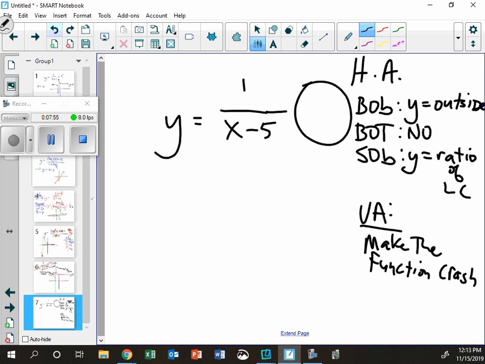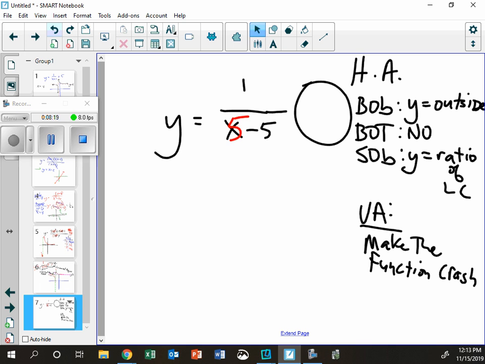What do I mean by crash? Well, the function won't exist there. I'm not saying make it 0. I'm making it divided by 0. What do you get if I put in a 5? This function is allergic to 5s. Because if I put in a 5, you'll end up with a 0 on the bottom and there's no answer.